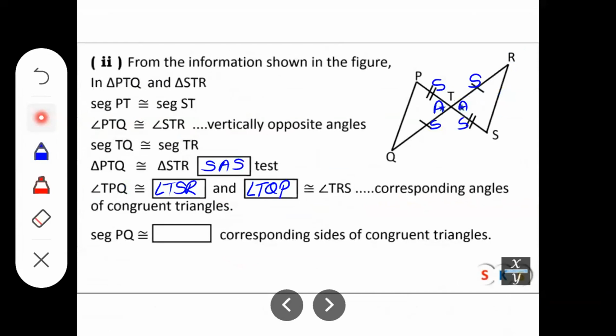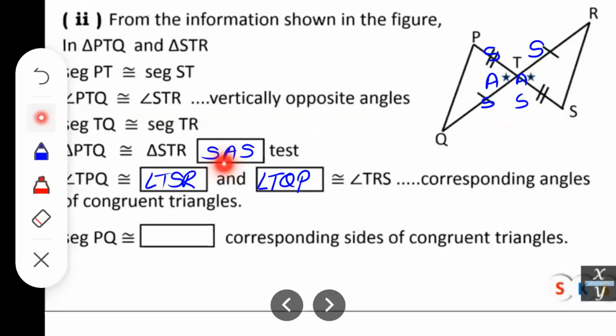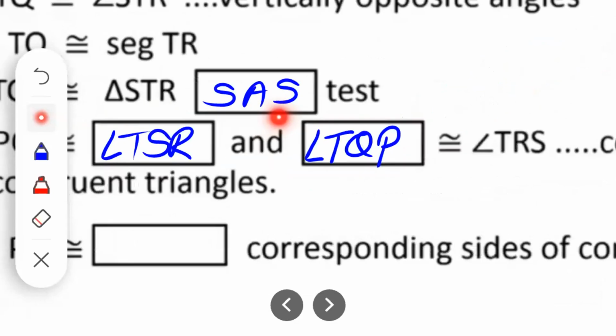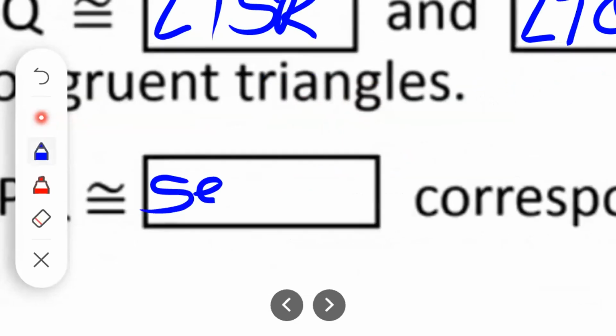Now the corresponding side, one of the sides we have to write here is segment PQ. With segment PQ, we have to write the other corresponding segment. With P, the corresponding vertex is S. So write segment SR. So segment PQ is congruent to segment SR.